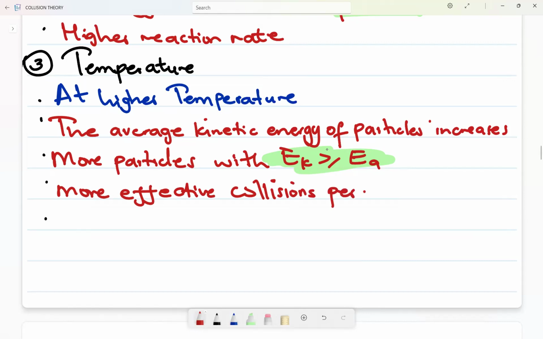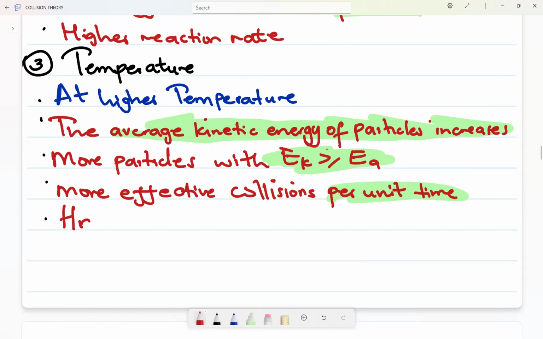You need time. The average kinetic energy of the particles increases, or the particles will move faster. Now, if you have more effective collisions, it means we'll have a higher reaction rate.